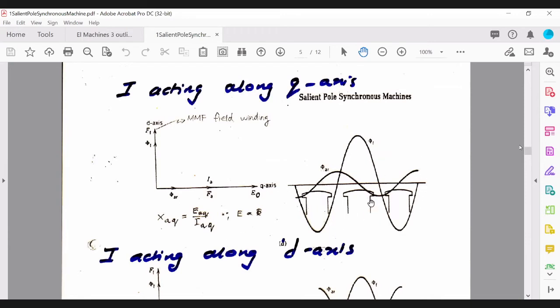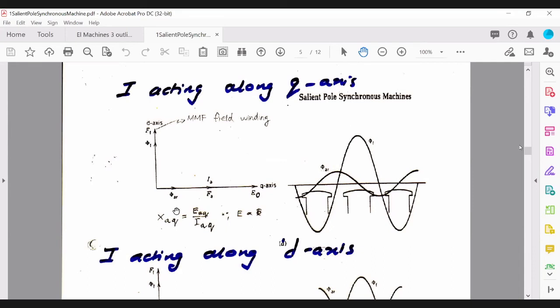So when the current is acting along the q-axis, remember that the d-axis will have its flux, and the armature, which is your stator side, will have its own flux due to the current on the stator side.